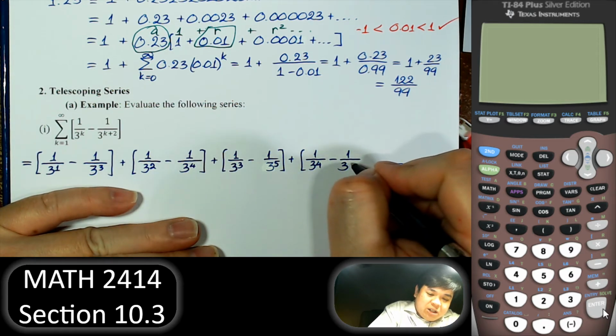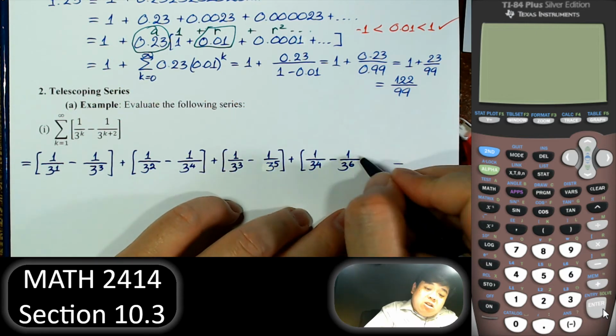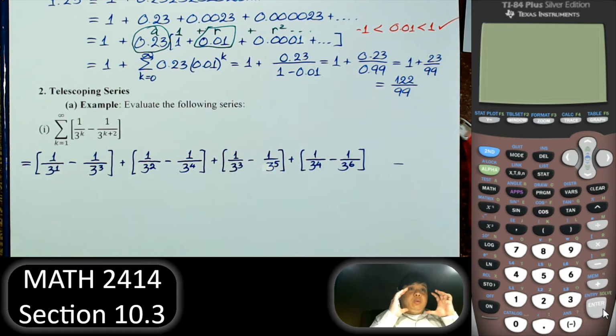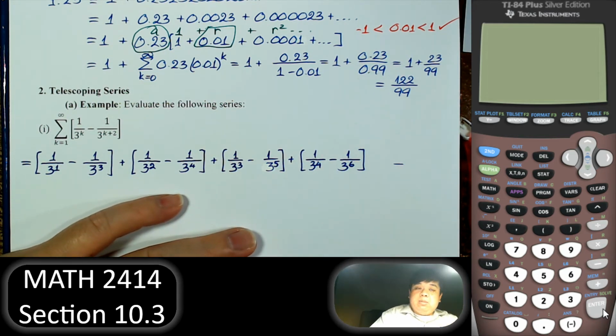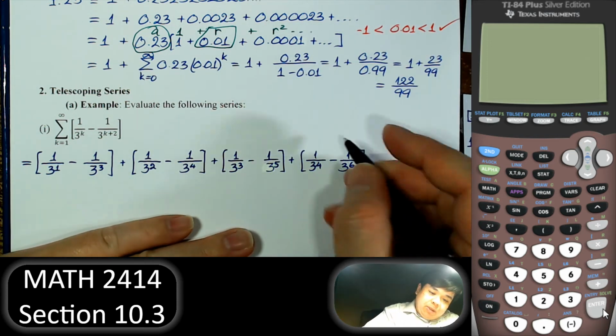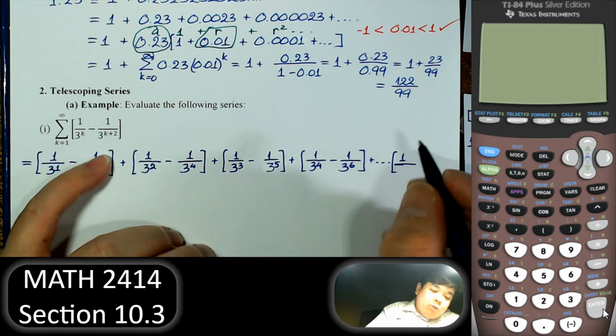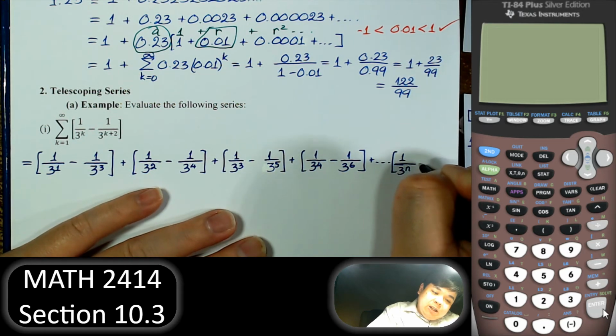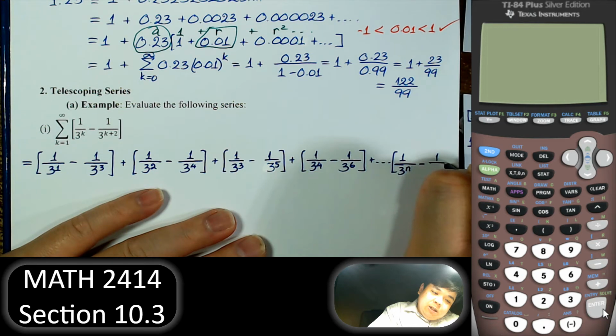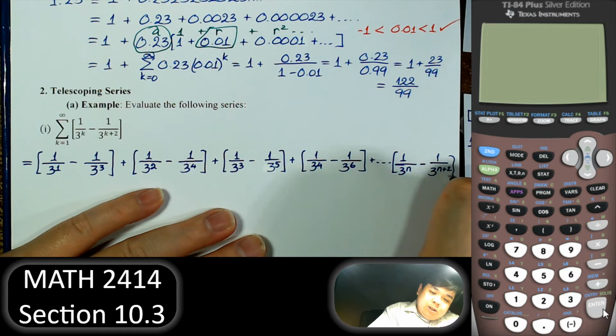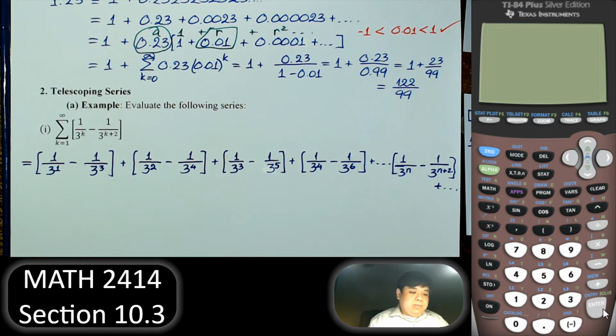Put 4 in, that's what we have. A characteristic of telescoping series is that within each term there's a positive and a negative, but they cannot always link up back to back like this. But if we keep going, we're going to put n in for k, and keep going on to infinity.